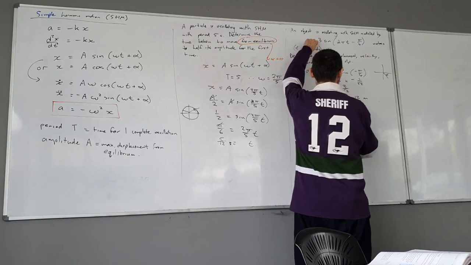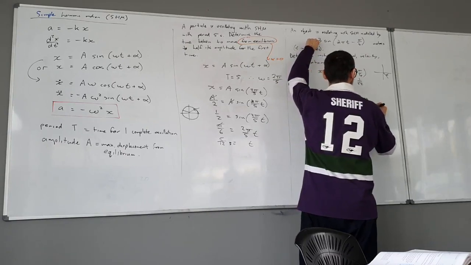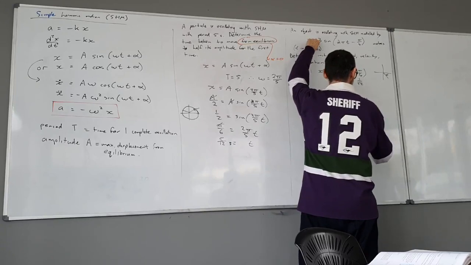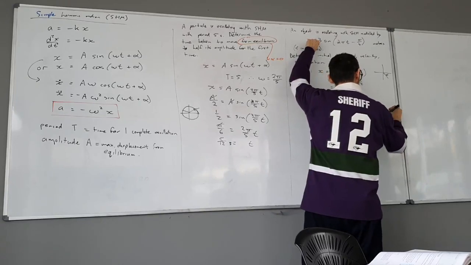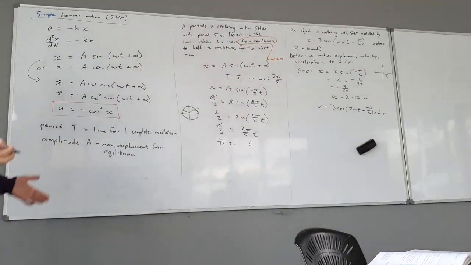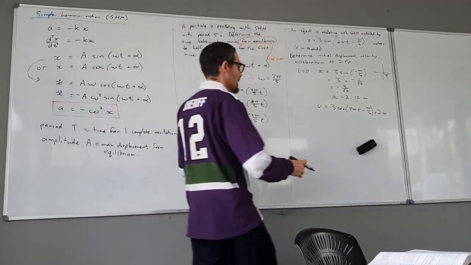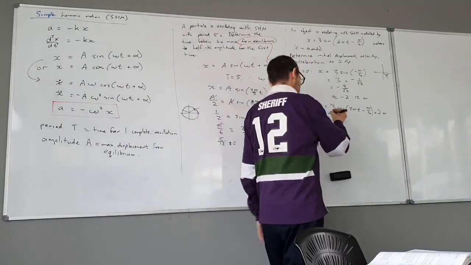Alright, velocity. 3 cos of 2 pi t minus pi on 4, times the derivative of the inside, 2 pi. I'm doing it from first principles. Well, I'm doing it from calculus rather than just plugging in omega. You should get the same.